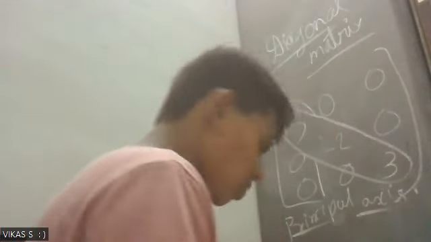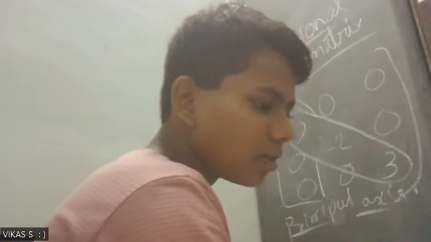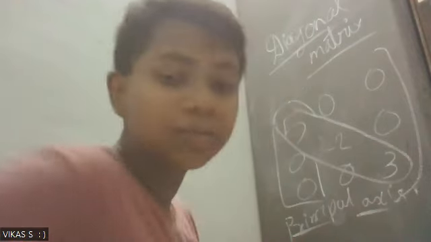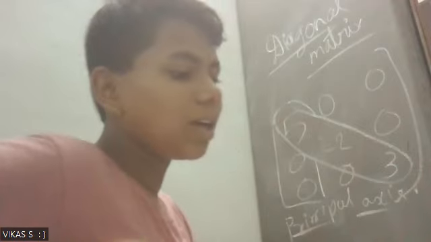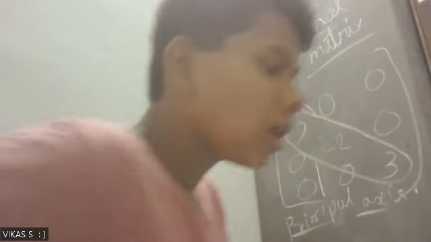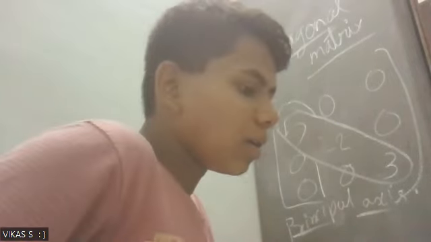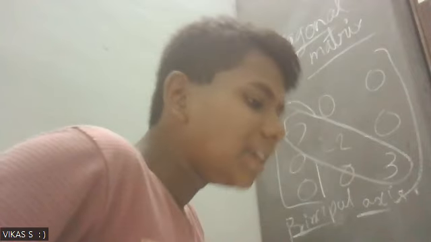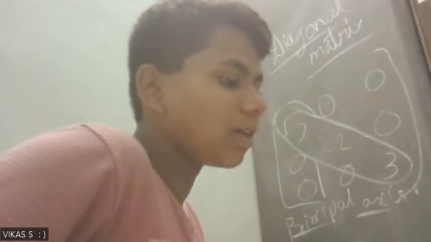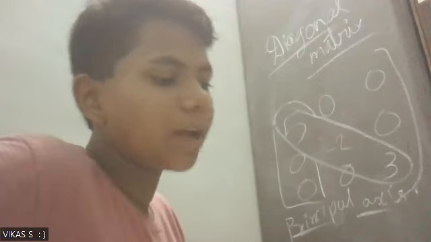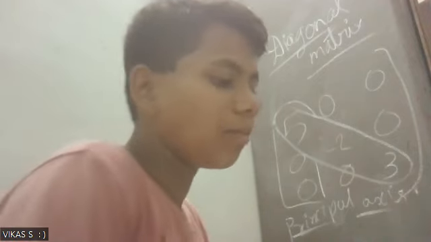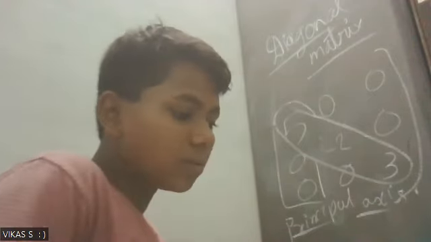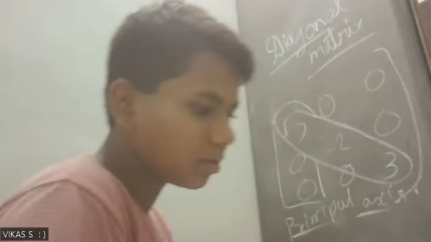In this textbook, what is given? A square matrix which has all its elements zero except those on the leading or principal diagonal is called a diagonal matrix. The same thing, but they've added some leading terms.